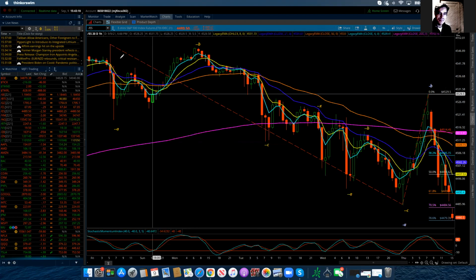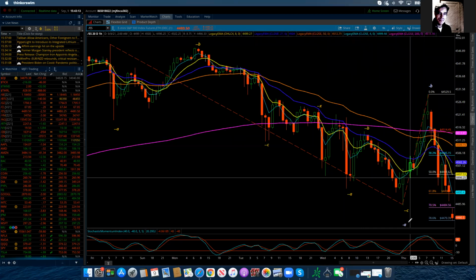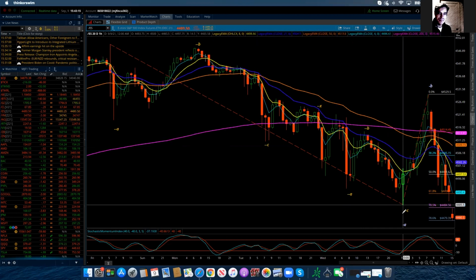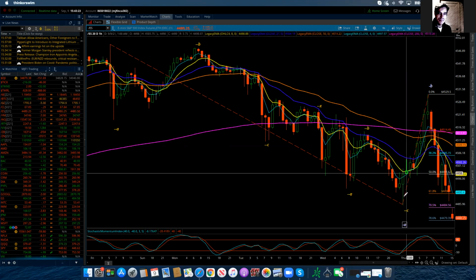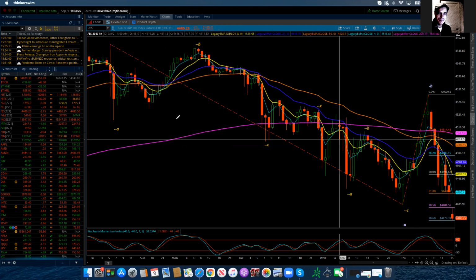Nonetheless, we continue to count a minute fourth wave correction. And within that, I've now reassembled what we've gone through.